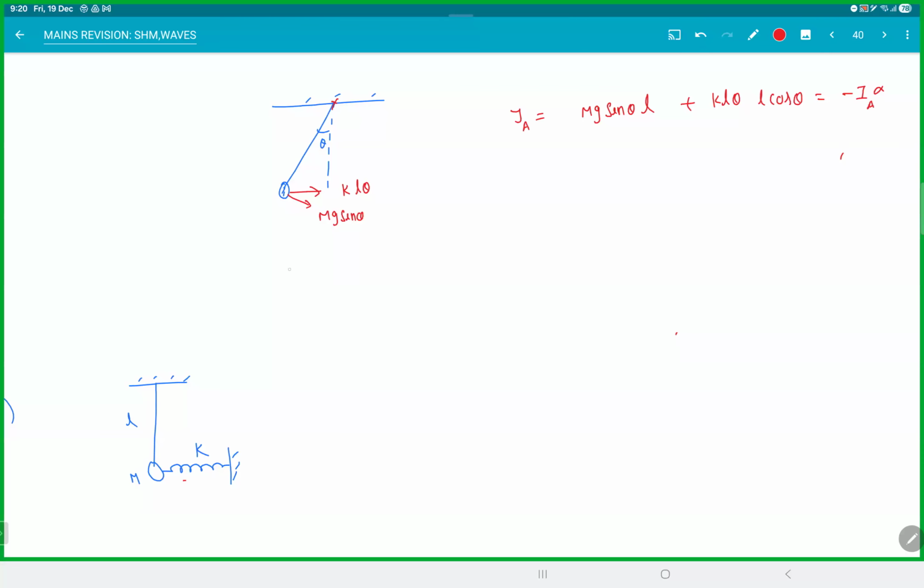For small angles, theta tends to 0. This can be written as mg theta L plus KL square theta is equal to ml square alpha. This is how we actually derived the time period for a pendulum: mg plus KL by ml. That's your omega square.